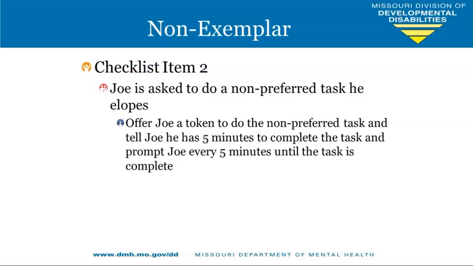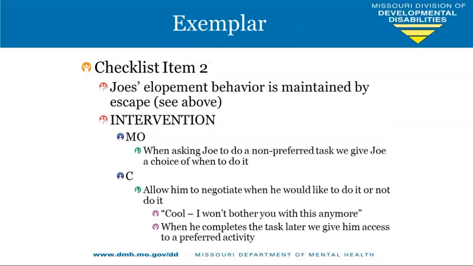And so we're going to move to the exemplar. So the exemplar identifies the function again. Joe's elopement behavior is maintained by escape. The interventions are listed. The motivating operation: when asking Joe to do a non-preferred task, we give Joe a choice of when to do it. And then consequences allow him to negotiate when he would like to do it or not.